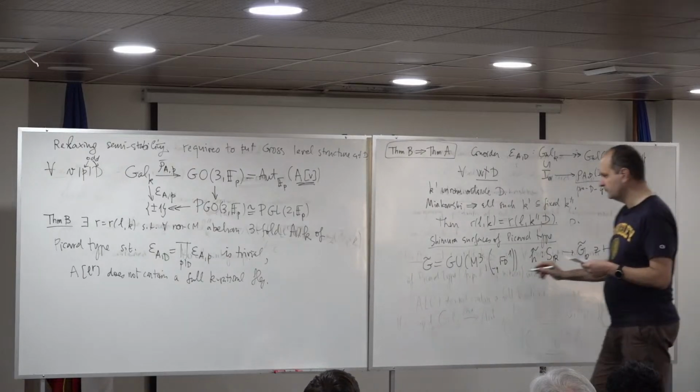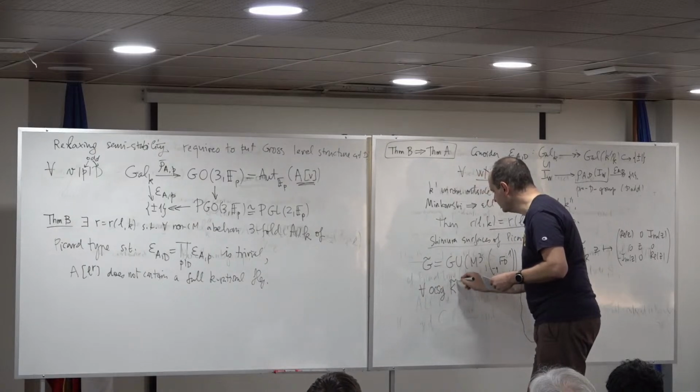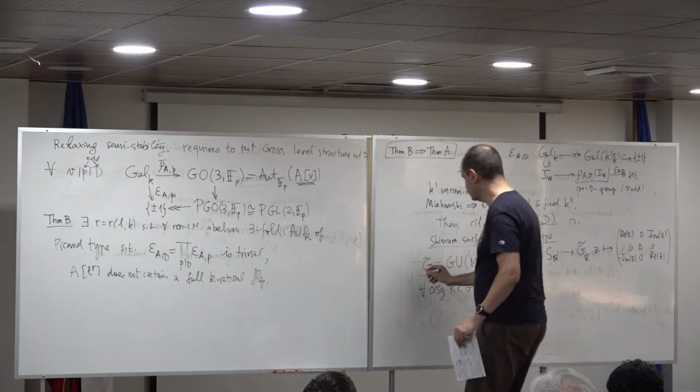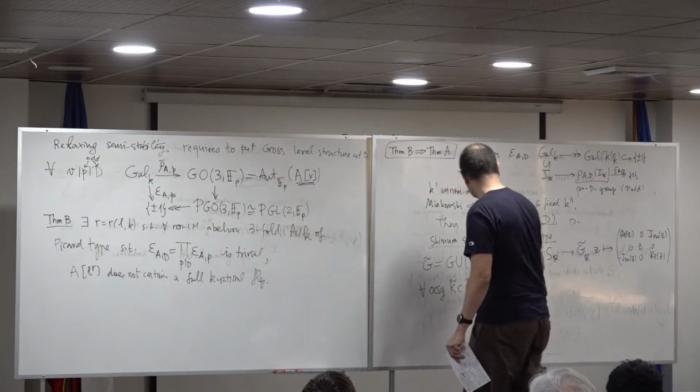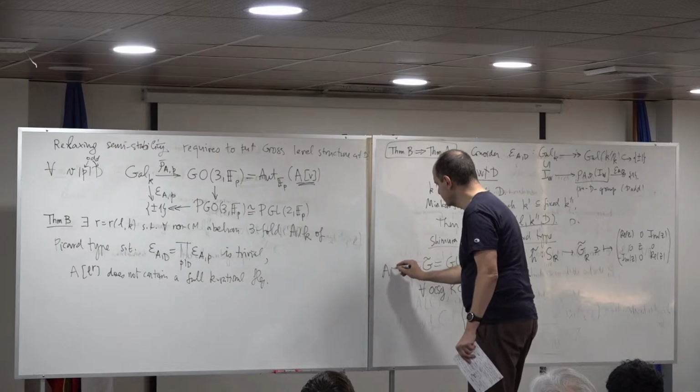And for any open compact subgroup K tilde in G tilde of the finite adeles, so we are over Q, here the base field is Q, and A is the adeles of Q.